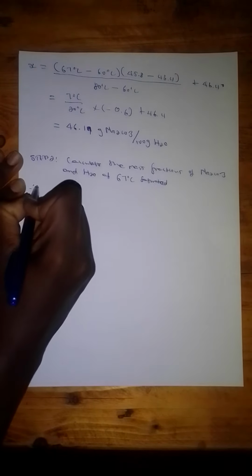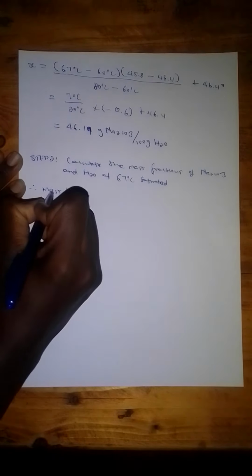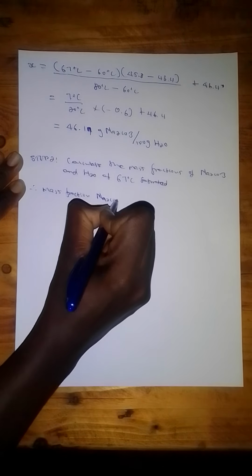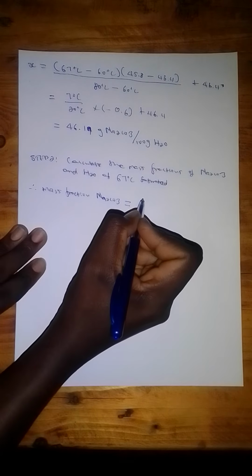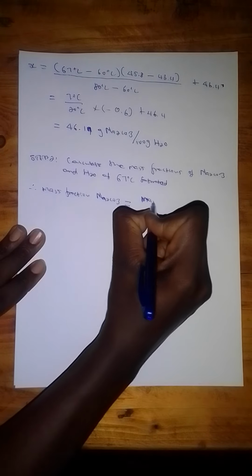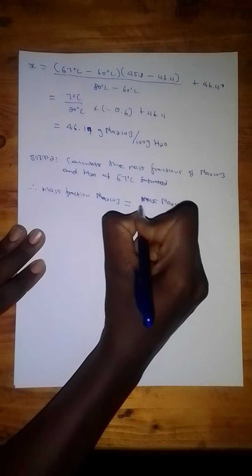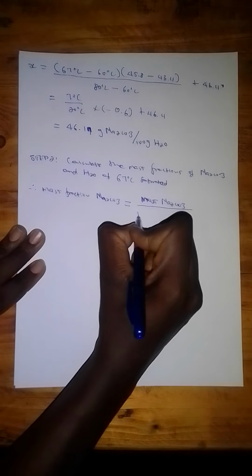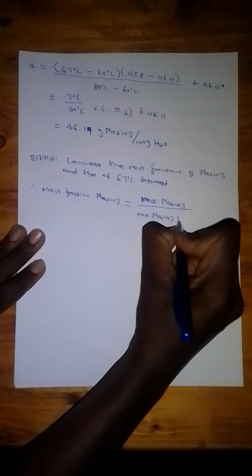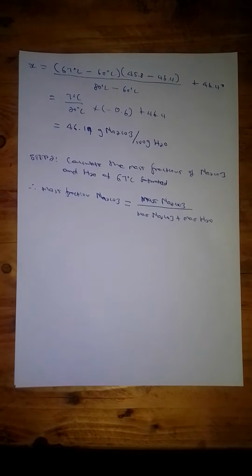Now, therefore, mass fraction of Na2CO3 is equal to the mass of Na2CO3 all over the mass of Na2CO3 plus the mass of H2O, right?